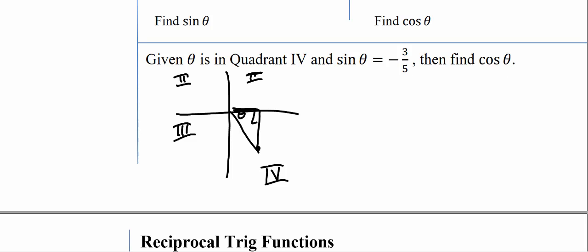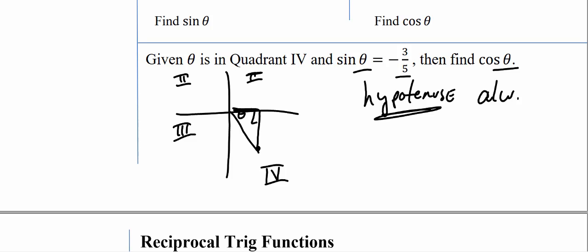I want to find cosine of theta given that sine theta is negative 3/5. So what does that mean? Okay, the hypotenuse is always going to be a positive value. It's always positive.